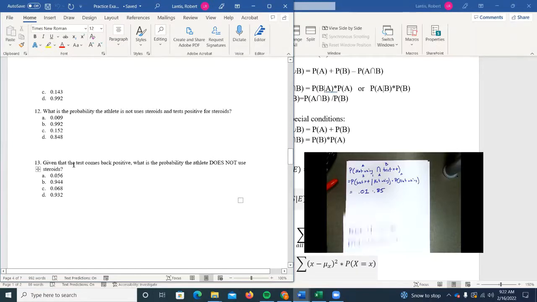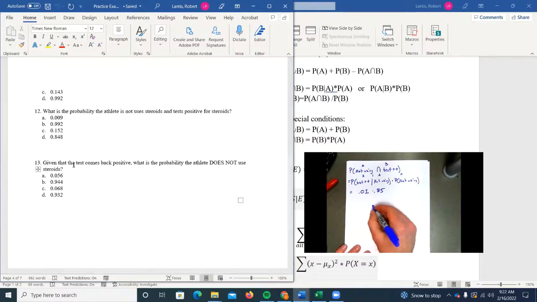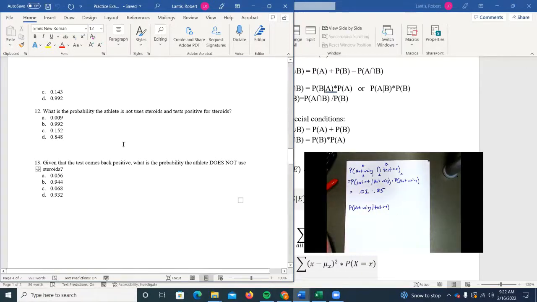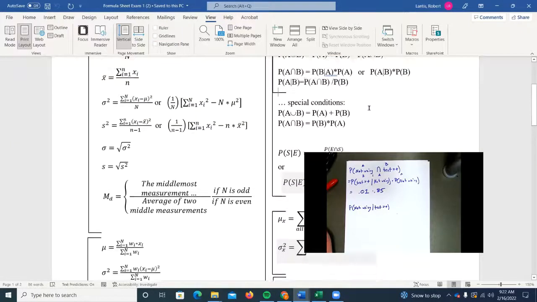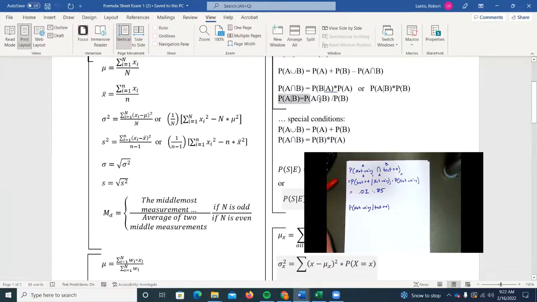13 is a little bit harder, right? So 13, I say, given that the test comes back positive, what's the probability that they are not using, right? So that's what I'm looking for. You go to my formula sheet. Now, maybe I try to write it out like this, right? I've got a conditional probability.